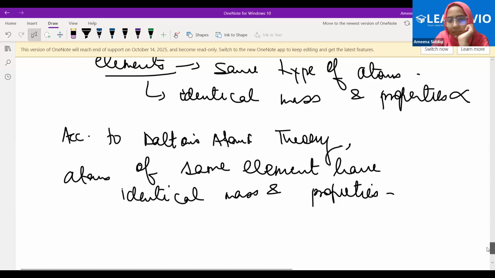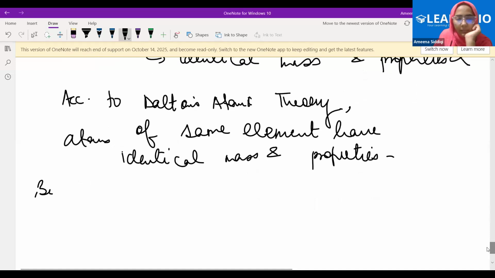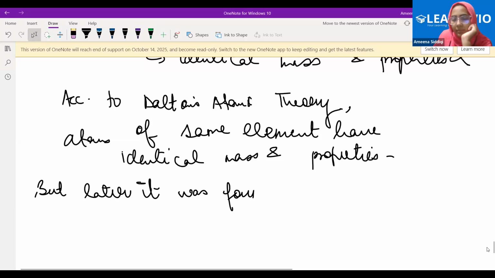But later it was found that isotopes are present.